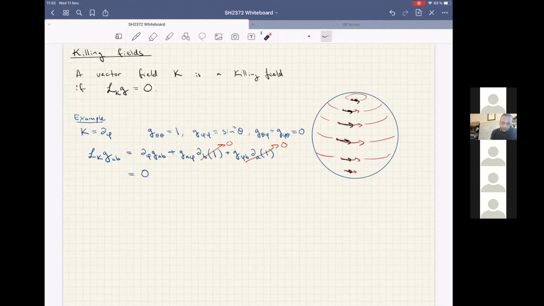And of course, the corresponding flow lines are that θ goes to θ and that φ goes to φ plus the curve parameter. This is a rotation around the z-axis.